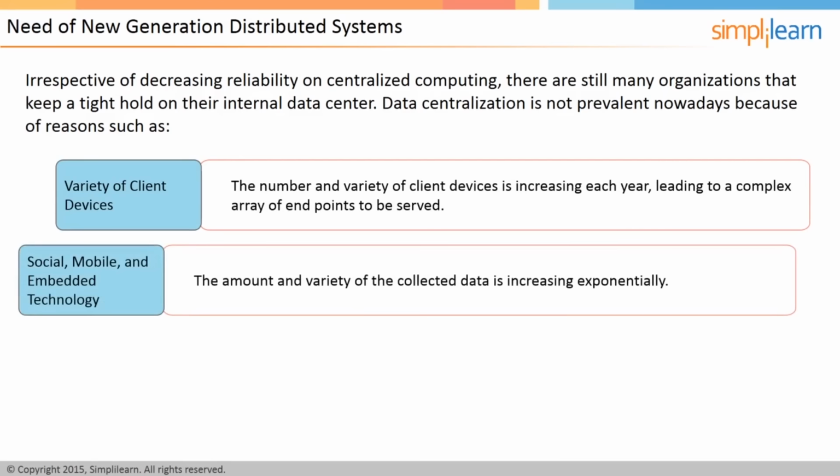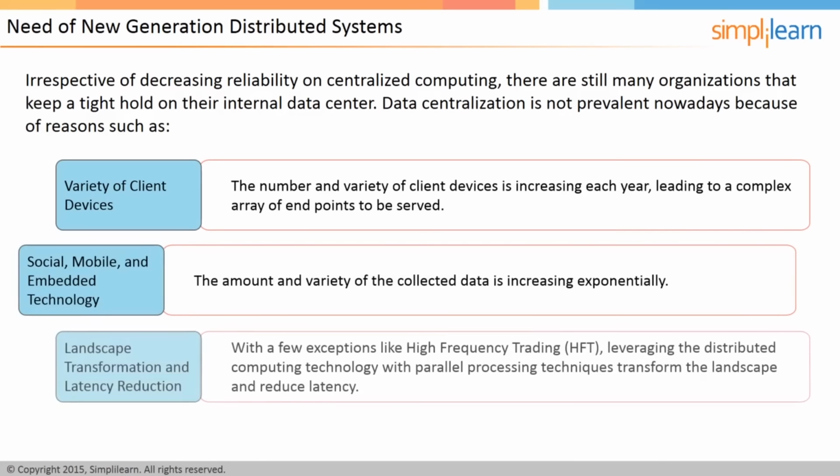Also, landscape transformation and latency reduction are causing data centralization to decrease. With a few exceptions like high-frequency trading, or HFT, in which physically locating servers in a single location can lower latency, leveraging distributed computing technology with parallel processing techniques transforms the landscape and reduces latency.